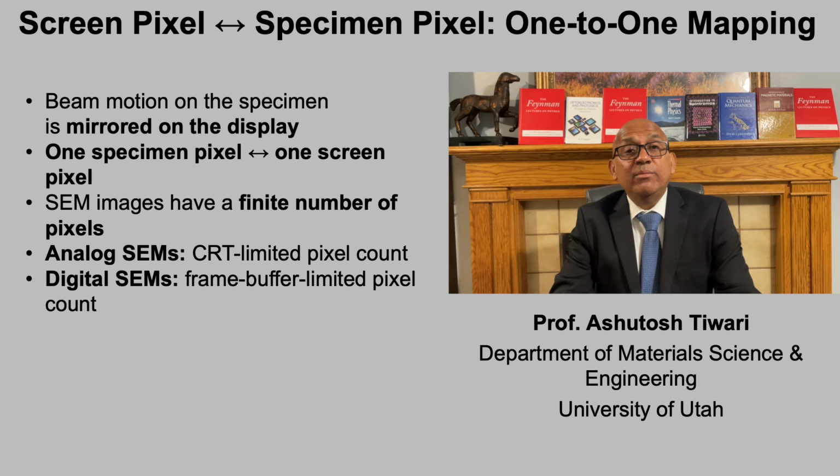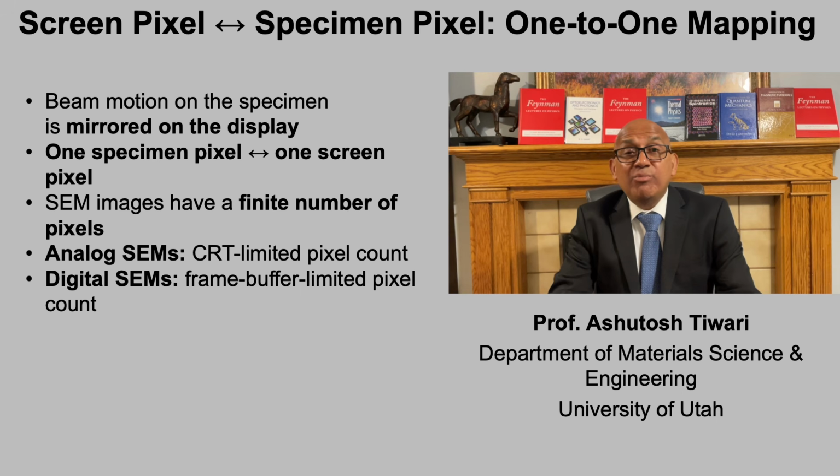In an SEM, the movement of the electron beam across the specimen is directly mirrored by the signal on the display. Each beam position corresponds to a single pixel on the screen, establishing a one-to-one mapping between specimen pixels and screen pixels.